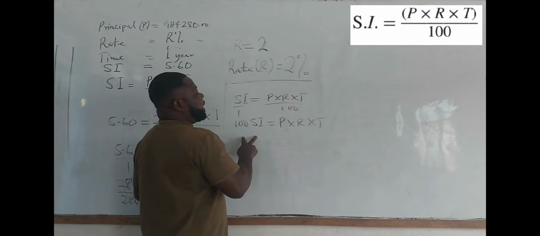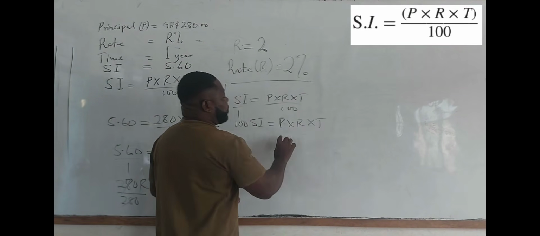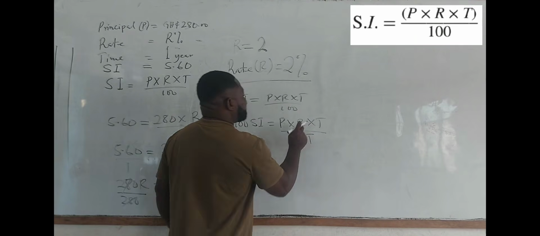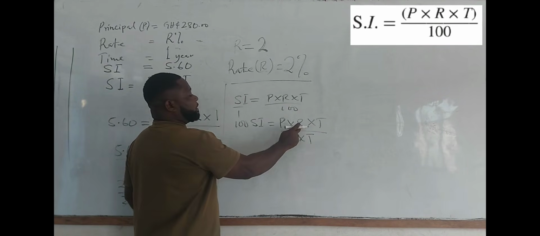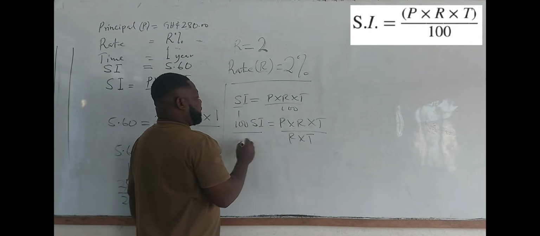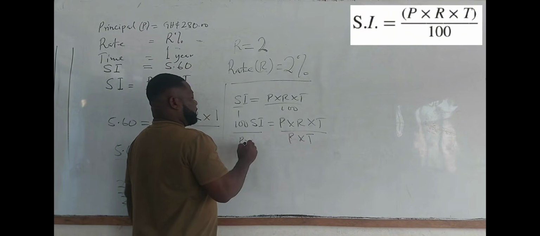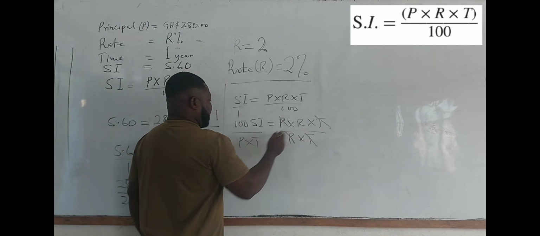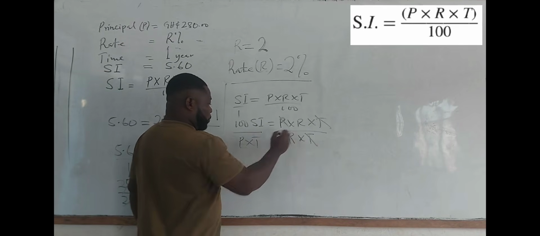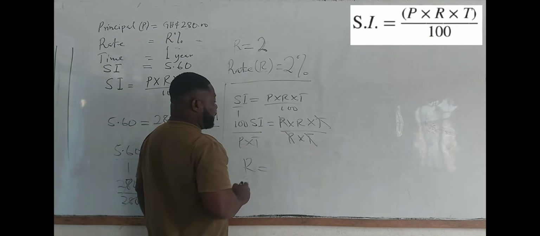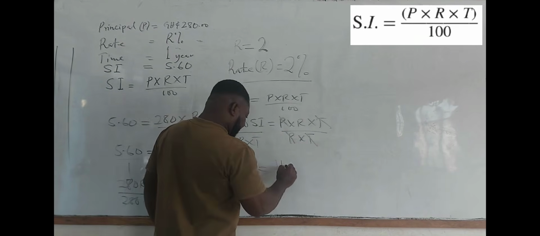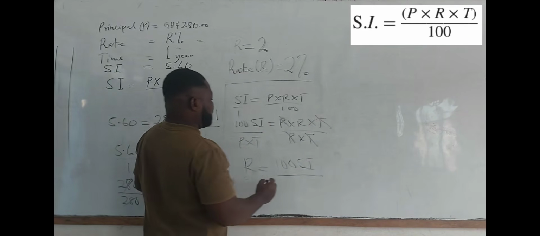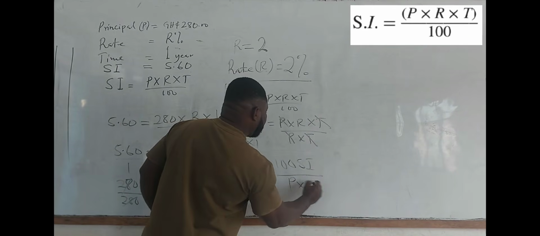So from here, if we want R to stand alone, because they are multiplying, we divide by P times T, so that the R can stand alone, right? Here too, divide by the same thing, P times T. This cancels this, this cancels this. You see that the R is standing alone, right? So our R is going to be 100 SI all over P times T.